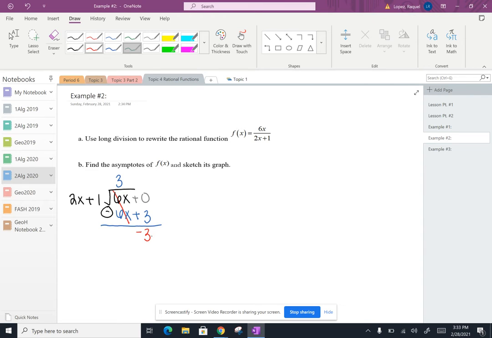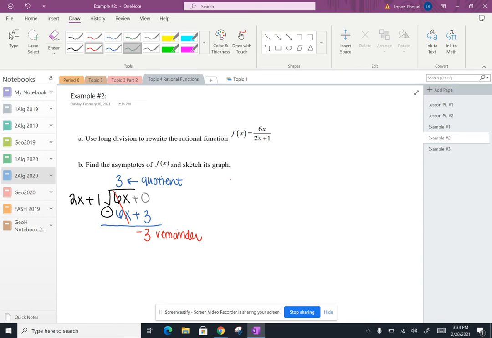Okay. Remainder. Here's our quotient. All right. So the next thing we want to do is rewrite this so that we can have a structure in transformation form. So we're going to put the remainder over the divisor.